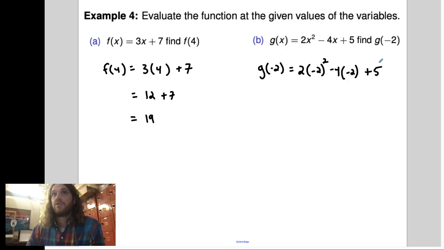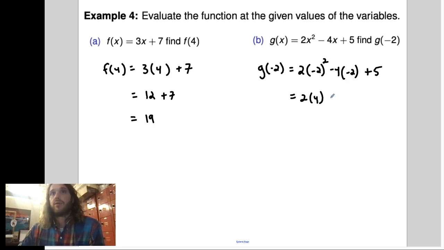I forgot my squared. Exponents must happen first, right? So we have to do our exponents before we do any of the multiplication or division. So (-2) squared, -2 times -2, is positive 4.